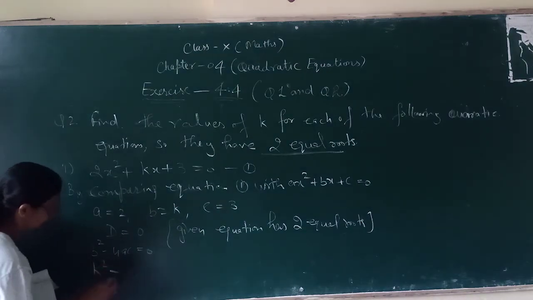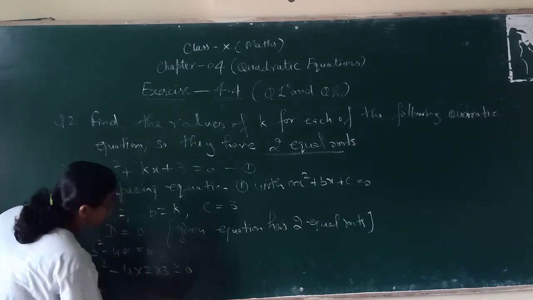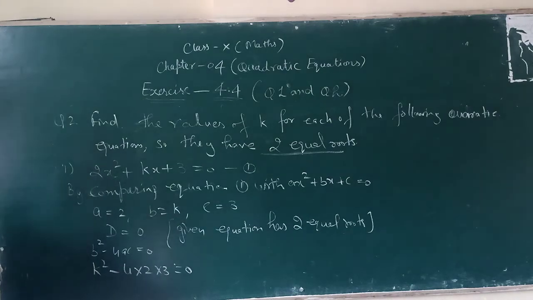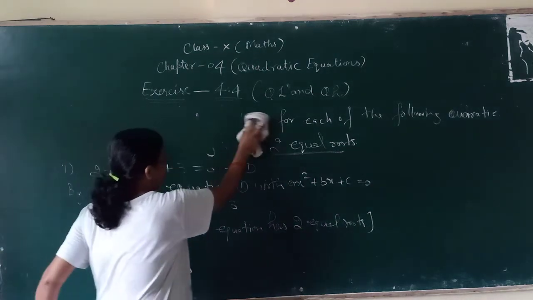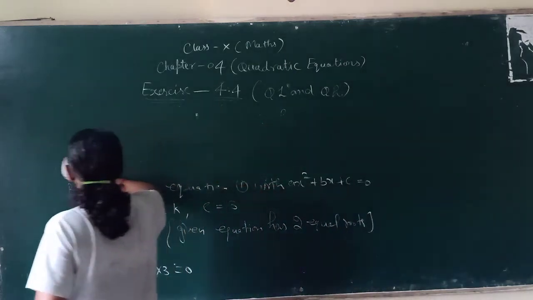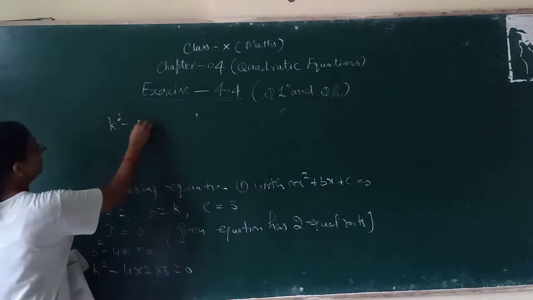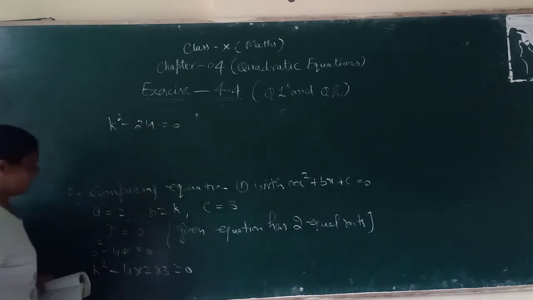Not any number, k, variably they used. k square minus 4 into 2 into 3, this will become k square minus 24. k square minus 24 is equal to 0.